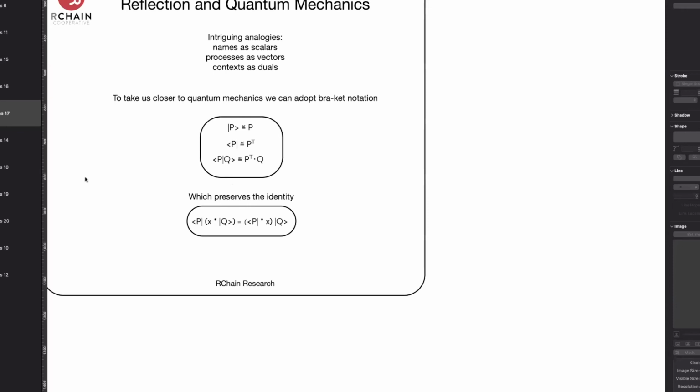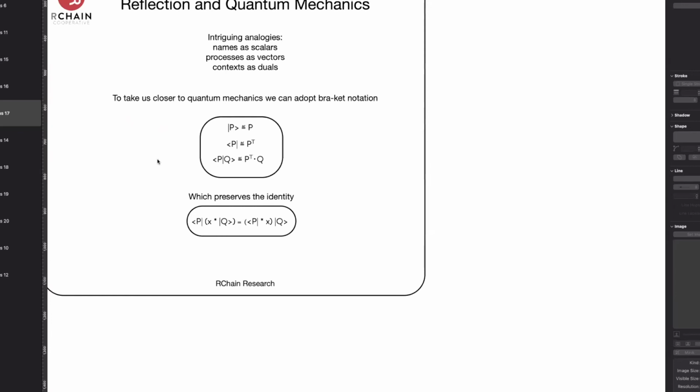But I do want to point out that I developed this approach in 2003 on a plane flying back from Madrid, Spain. So I had already, in 2002, discovered the rho-calculus.